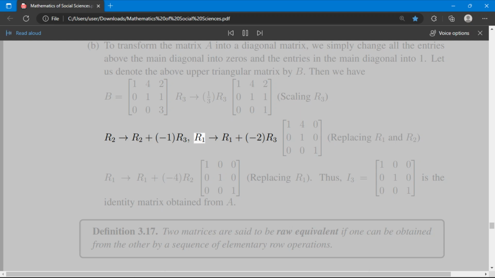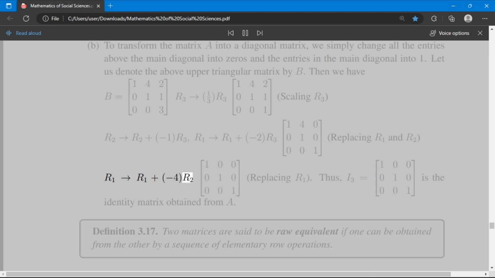R2 rightward arrow R2 plus (-1) R3, R1 rightward arrow R1 plus (-2) R3 gives 1 4 0 0 1 0 0 0 1. Replacing R1 and R2.